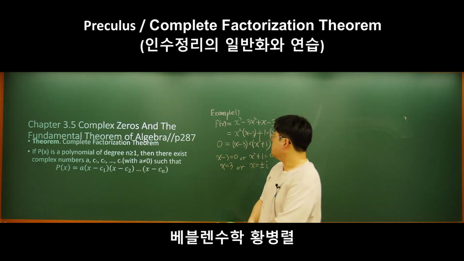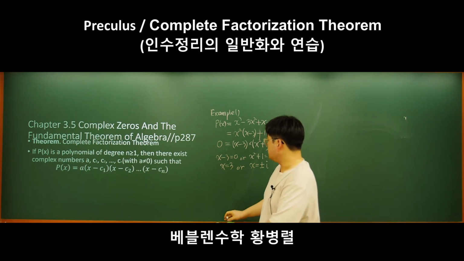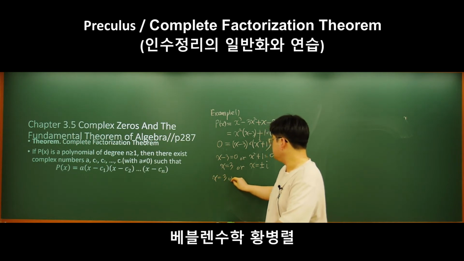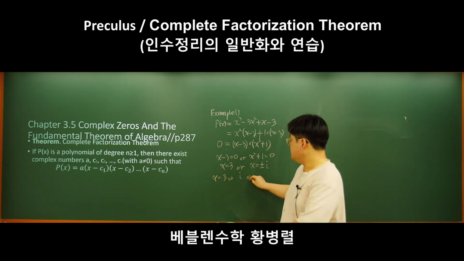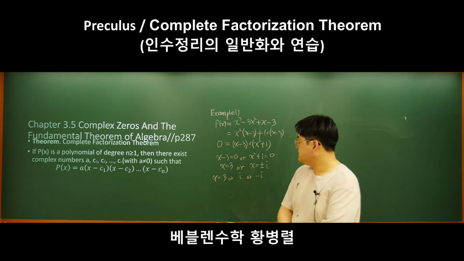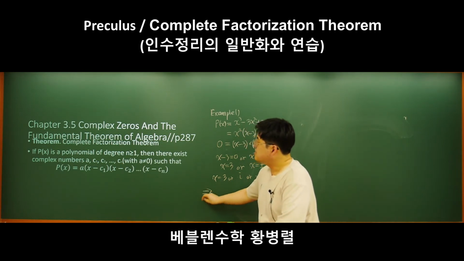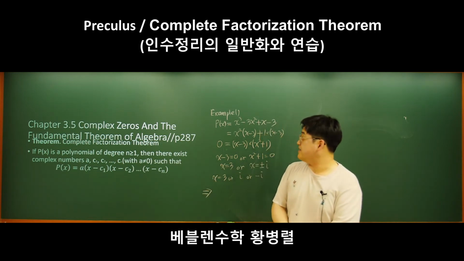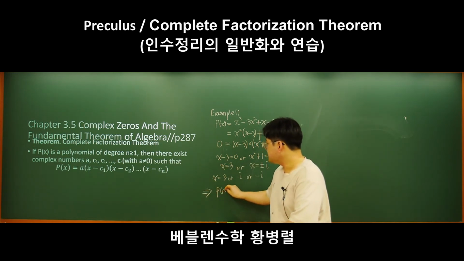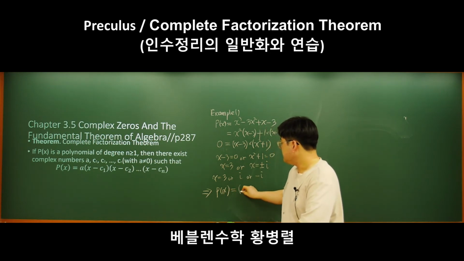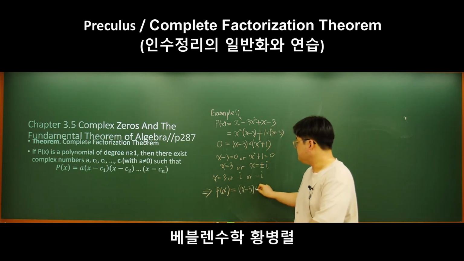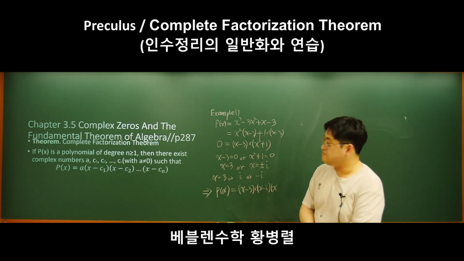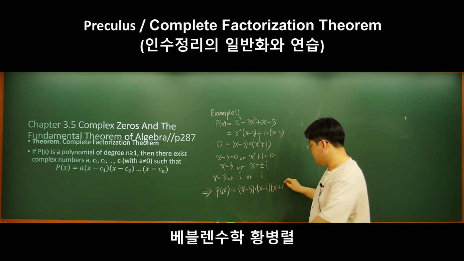Then all zeros of this polynomial p are 3, i, or negative 1 times i. Then by the complete factorization theorem, p(x) can be factored as (x minus 3) times (x minus i) times (x minus negative i), which means (x plus i).